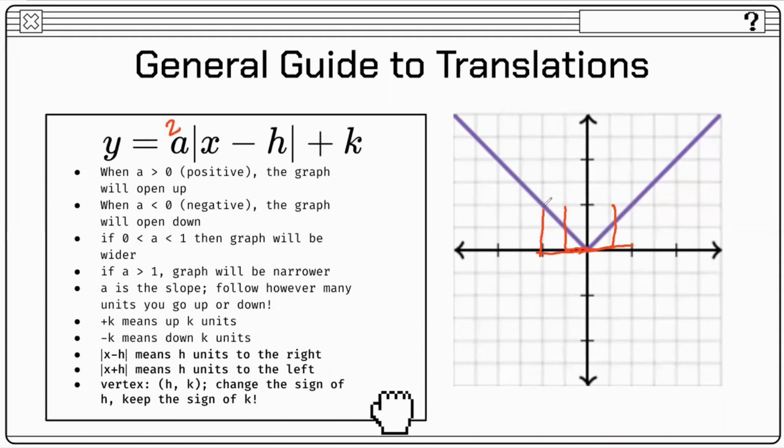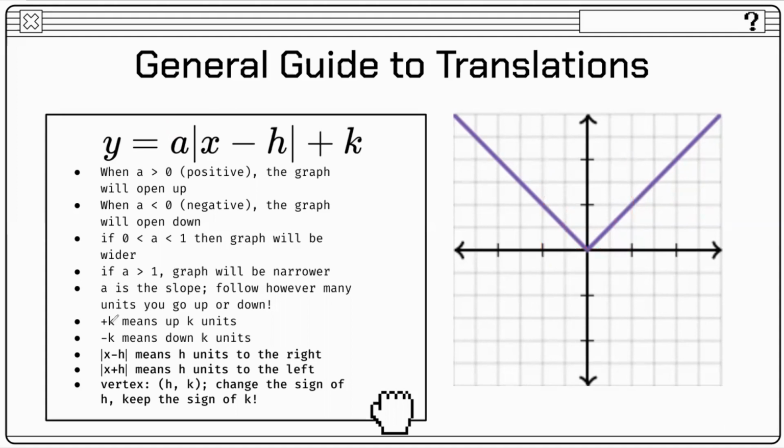So 2 times 2 would be 4, so now the number of units that you're going to go up is going to be 4. This might seem a little bit confusing right now, but you'll see how it comes together once we do a few examples.